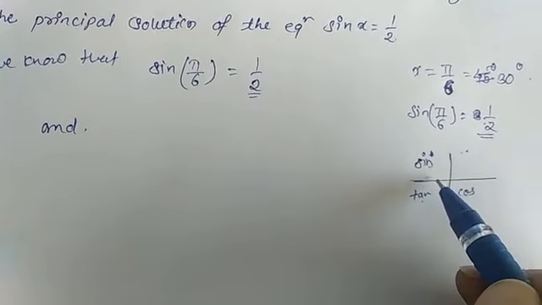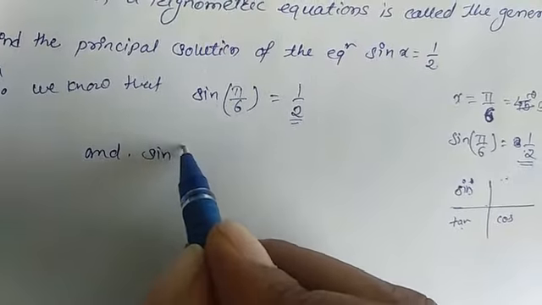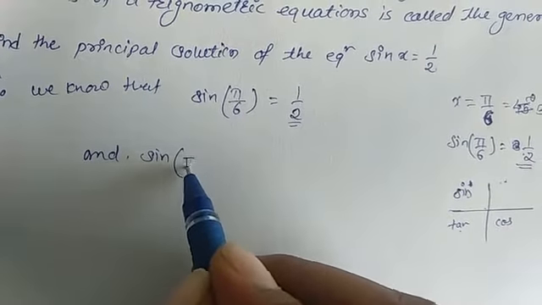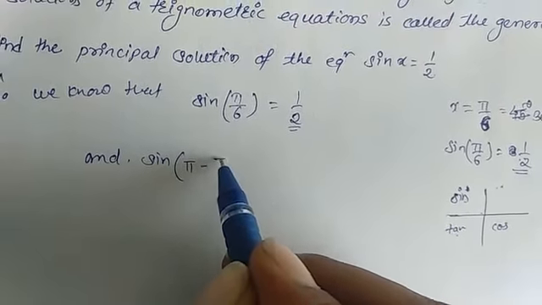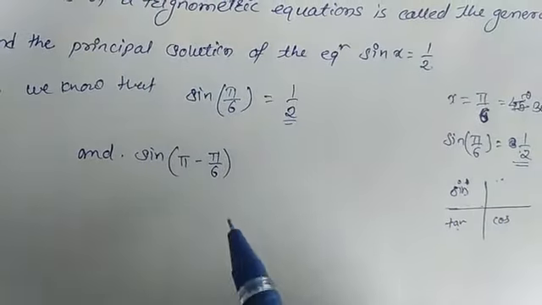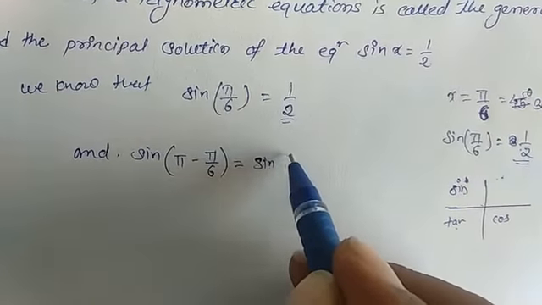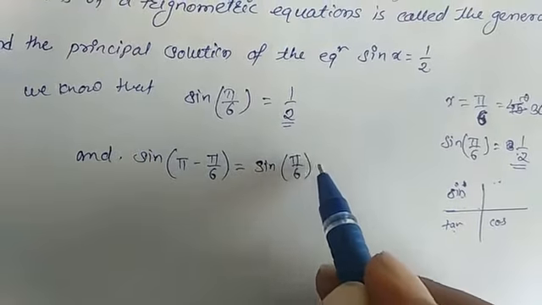So we have to take an angle such that sin(π − π/6) is equal to sin(π/6).